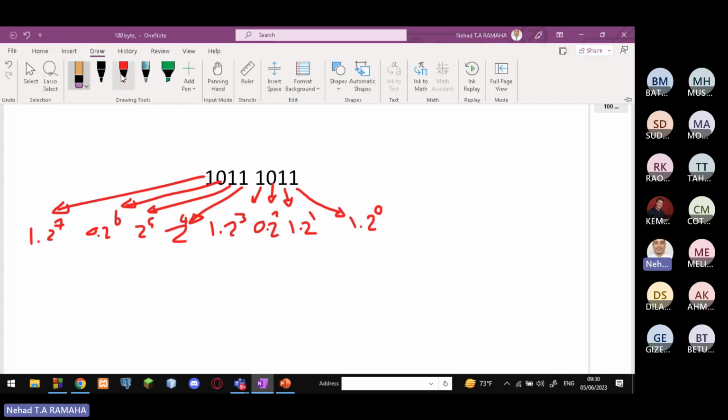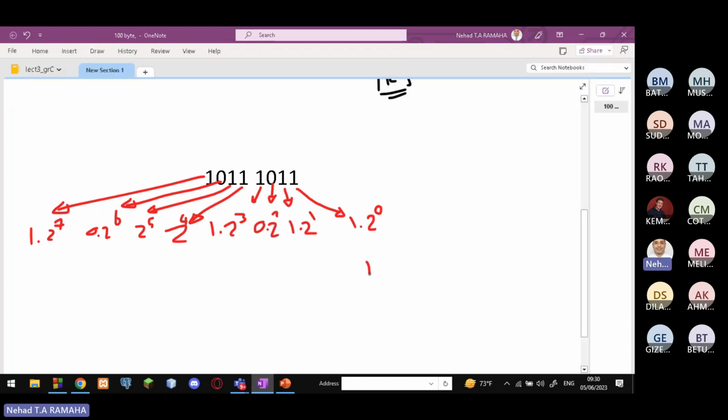So in this case, we have 1, 2, 8, this one 0, 16, 32, which is 2 to the power 5, and this one 0, and this one 128. Then we can make the summation.